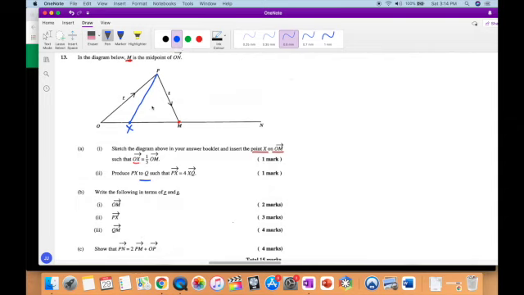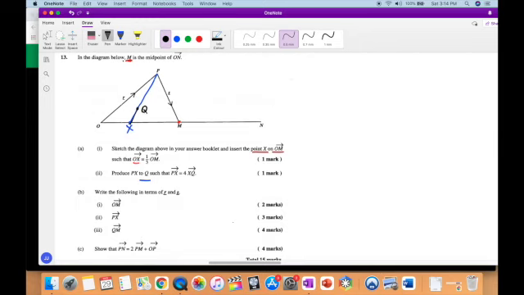So that means PX is 4 times XQ. So that means that Q is going to be on PX. Right? So XQ is going to be about here. This is going to be Q over here.